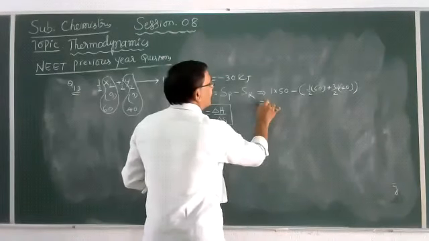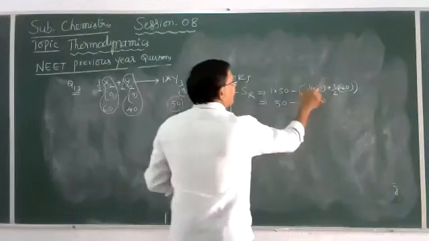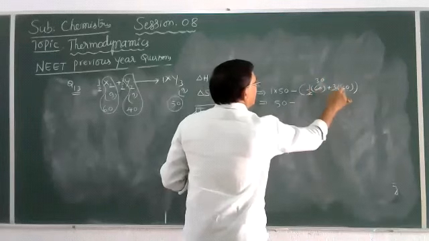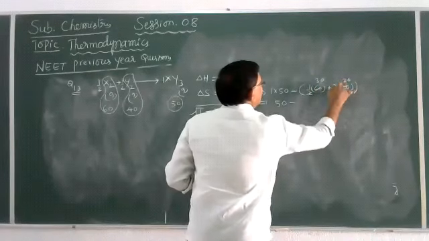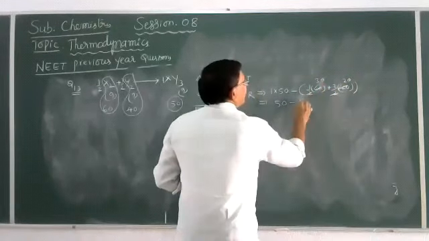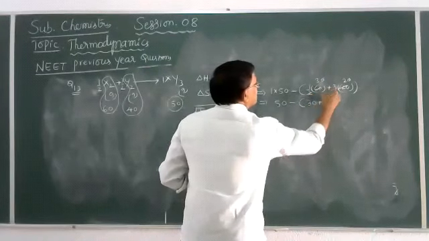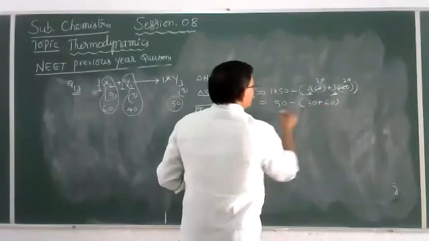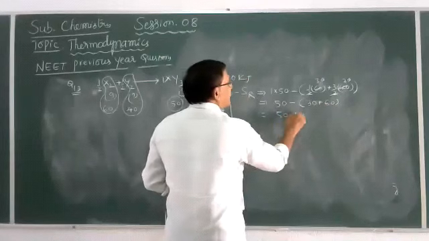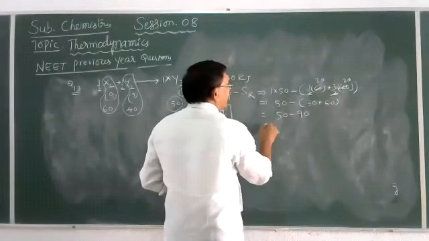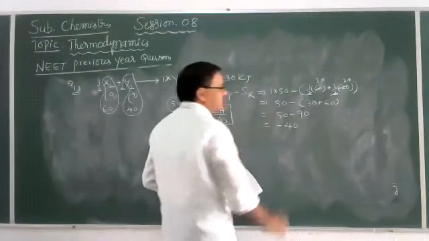Now this is 50 minus 30 plus 60, that is 50 minus 90, which is minus 40.